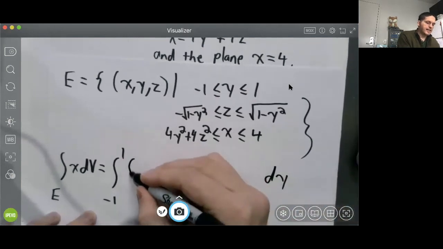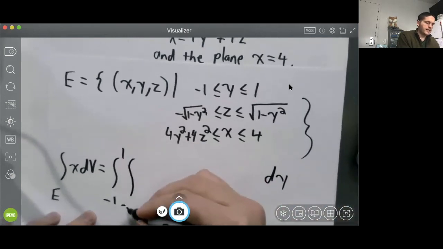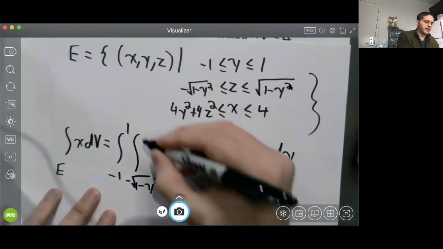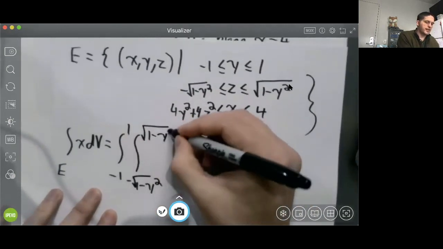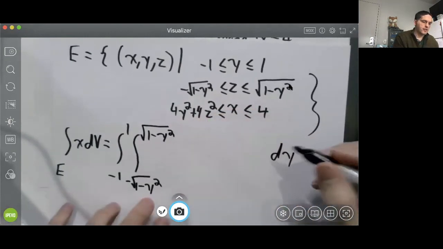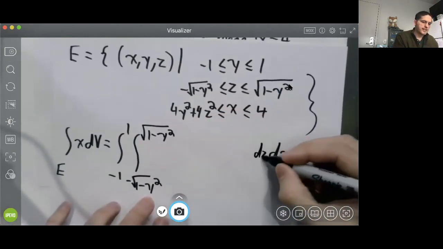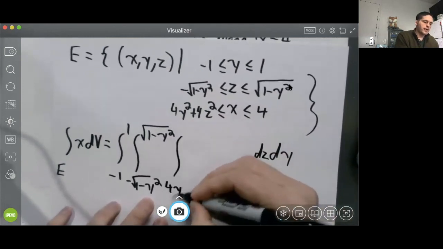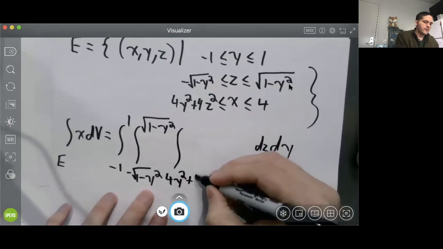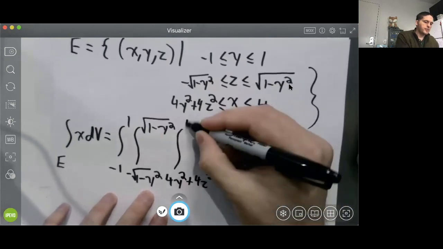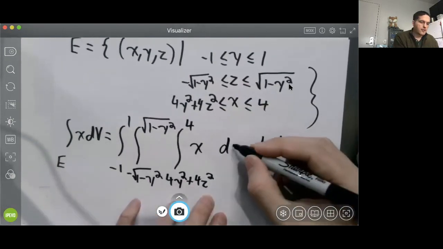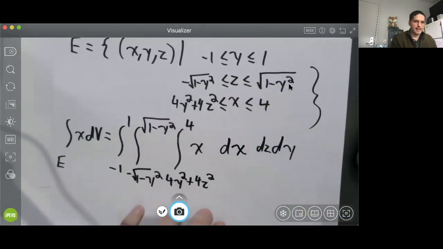And the next integral is from negative square root of 1 minus y squared up to square root of 1 minus y squared, and this integral is with respect to z. And the innermost integral is from 4y squared plus 4z squared up to 4. The function we're integrating is just x. This innermost integral is with respect to x.